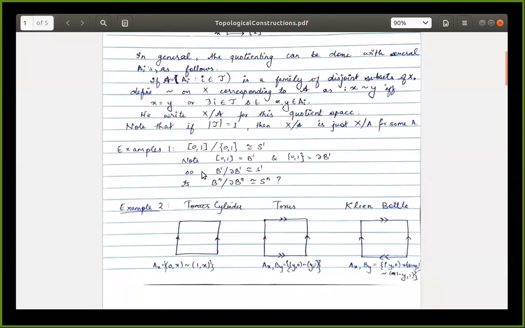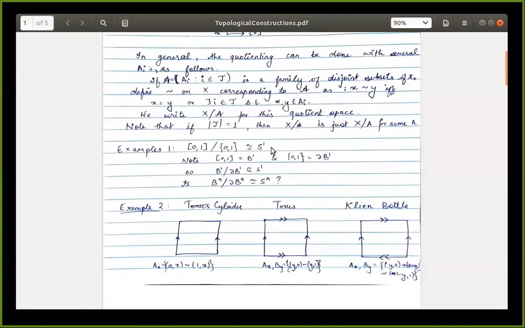A few basic examples: if you take the closed interval [0,1] and mod it out with the set {0,1}, this is one set, right? It has two elements, and both of these elements are being identified with each other. It's like taking an interval and joining the two endpoints.